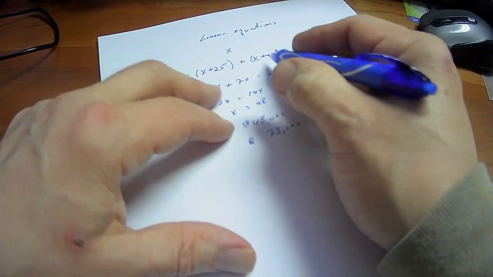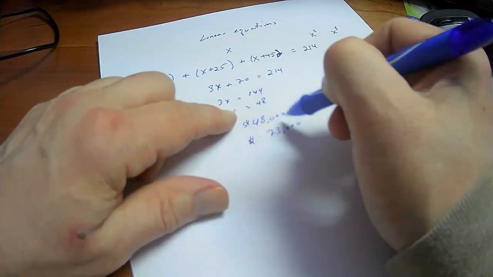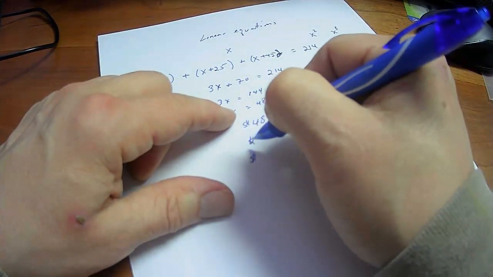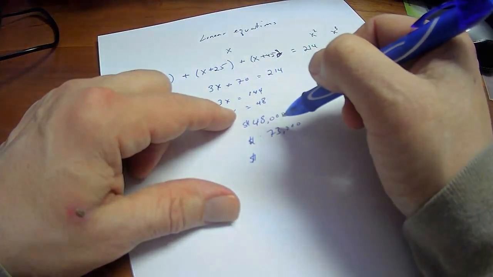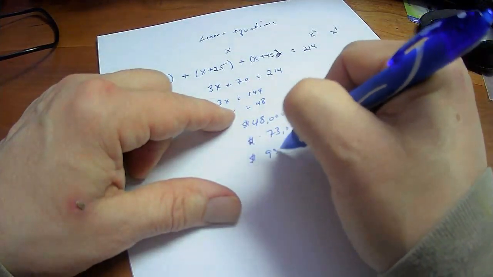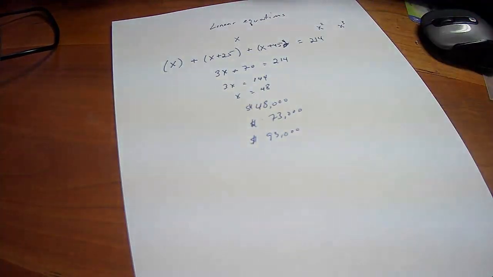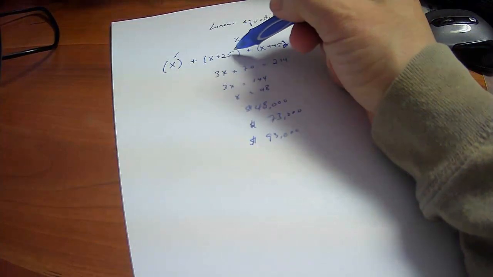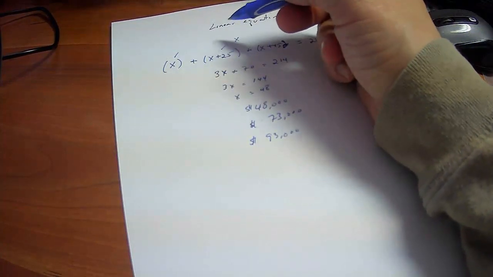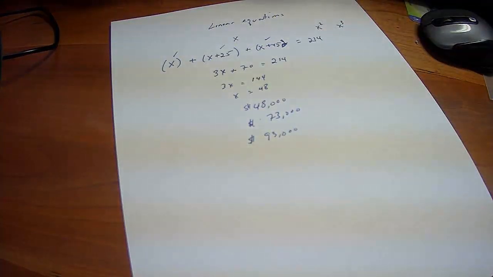And then we would add 45 to the 48, and don't add it to 73, because you're going to be wrong then. 45 plus 48 gives you $93,000. And again, who knows what this data is based upon. So that's how you would read that: x is the amount that the associate's guy makes, x plus 25,000 is the amount the bachelor's guy makes, and x plus 45,000 is what the master's person makes.